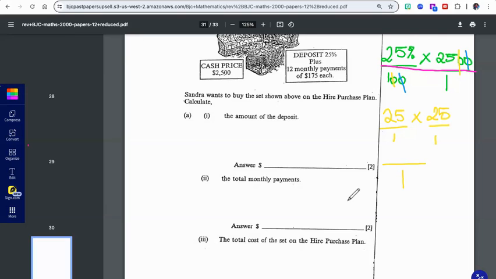Once you have the answer, go ahead and send it to me. And what are we doing? We're multiplying the numerators across, multiplying denominators across. When we multiply 25 times 25, good, we have 625.